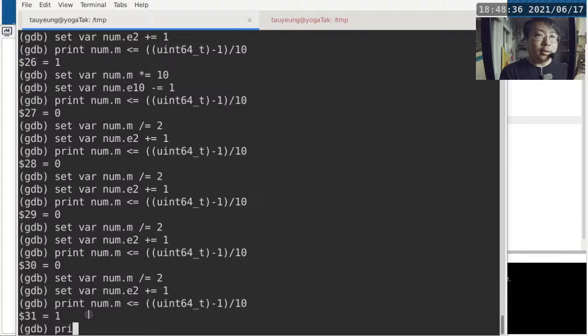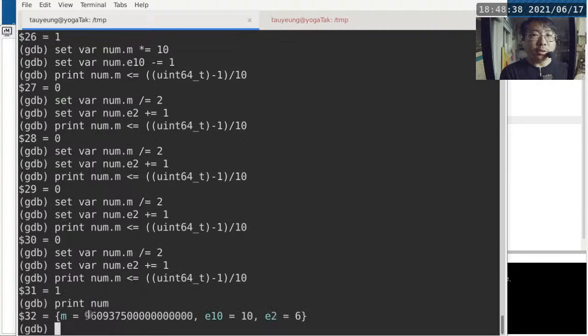So let's take a look at the entire structure. The m is now this particular quantity, and e10 is now 10, which was 28 to begin with. So we took care of a whole bunch of exponents of 10 already, and then e2 was 0 to begin with, and now it is up to 6. So you can kind of see what we are doing here.